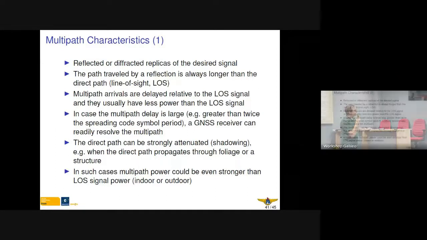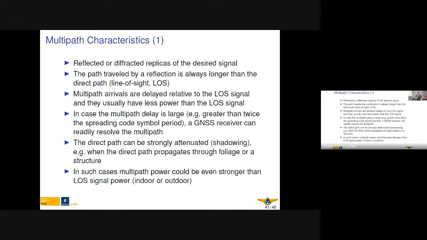The direct path can be strongly attenuated, I said this already, maybe by shadowing when the direct path propagates through foliage or a structure, maybe a window. So when we think about indoor navigation with satellites, in such cases, multipath power could be even stronger than the line of sight signal.